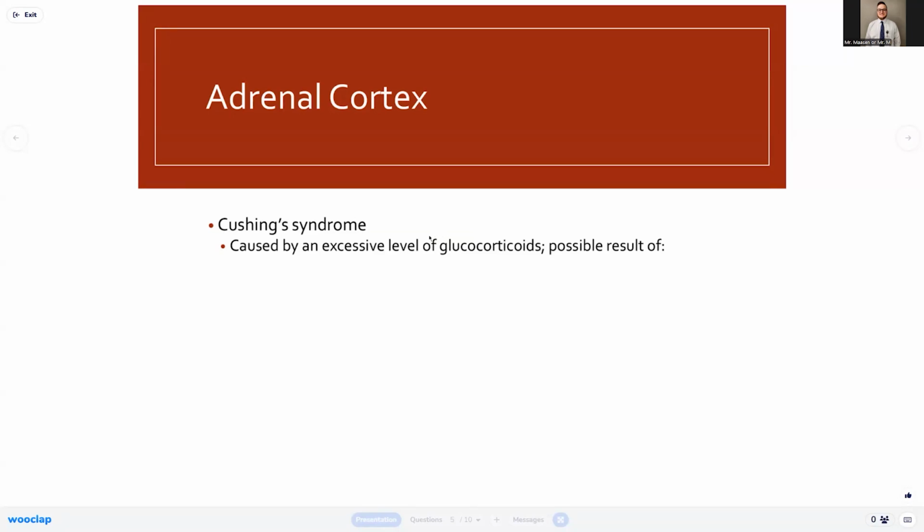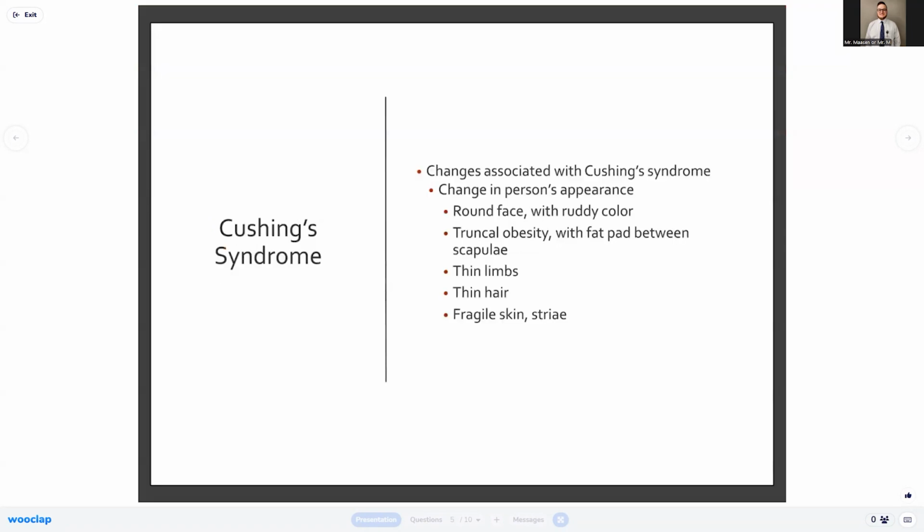Cortisol helps us maintain stress by raising our awareness and having a central nervous system effect. So with Cushing syndrome, the person's going to have a change in appearance often. They're going to have redistribution of fat. Fat's going to turn from around the waist, where we typically think of it, and go to other places. So they're going to have thinner arms, fatigue, frail skin, thin hair, striae, which is stretch marks, and truncal obesity.